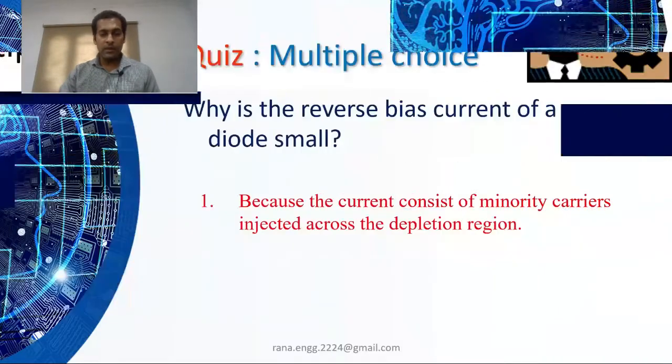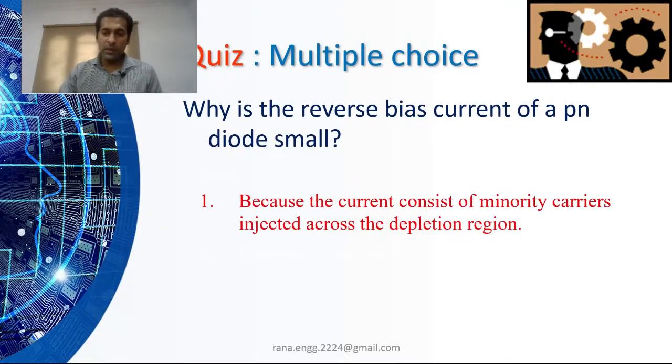The answer is the current consists of minority carriers injected across the depletion region. Depletion region is a wall. The further movement which can take place is due to the minority carriers. So a PN junction diode is also using semiconductors. A PNP or NPN transistor is also using them.